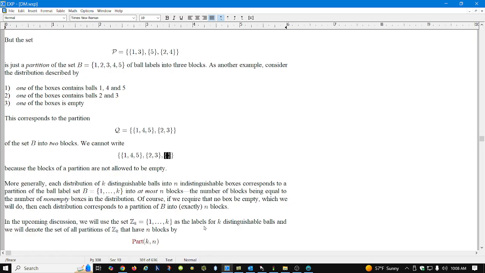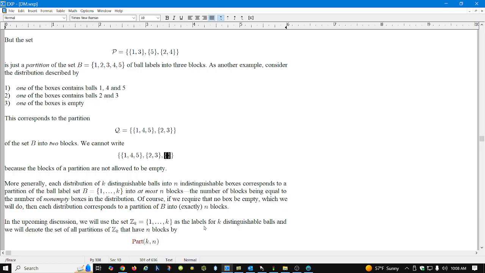So, in general, each distribution of k distinguishable balls into n indistinguishable boxes corresponds to a partition of the ball label set into at most n blocks. The number of blocks will be equal to the number of non-empty boxes in the distribution.